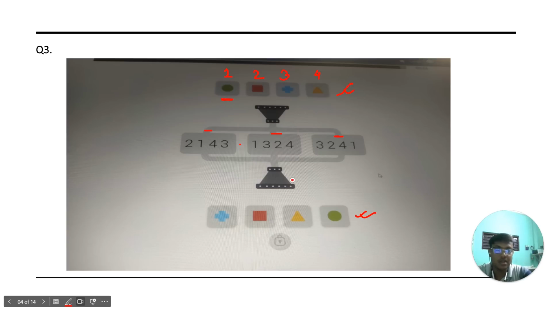The first symbol, that is this, is moving to the last. Then the square, the second symbol, remains here. The third symbol, the plus symbol, is moving here, and the fourth symbol, the triangle, is moving to the third position.